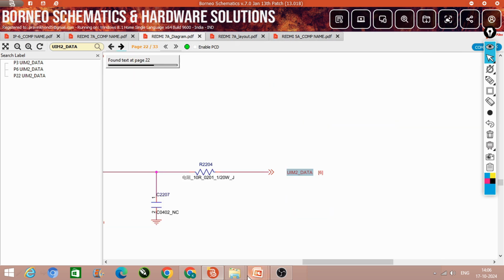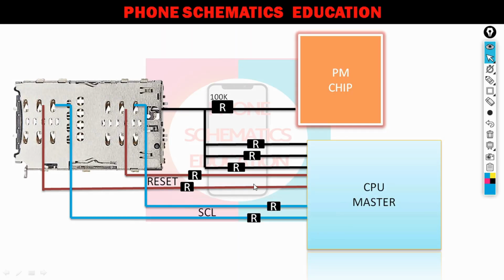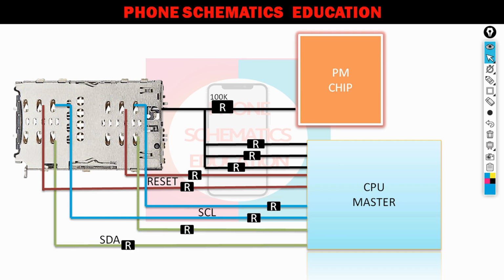Right, let me draw it. Right, a green color line, two lines from SIM1 and SIM2 go to the CPU. Clear? For the data, read and write, receiving and transmission. Clear? These three lines work as a communication line.